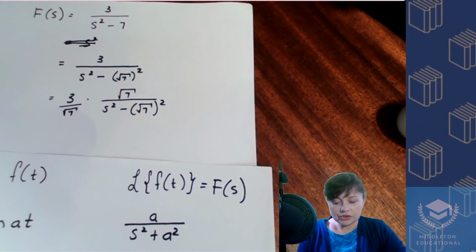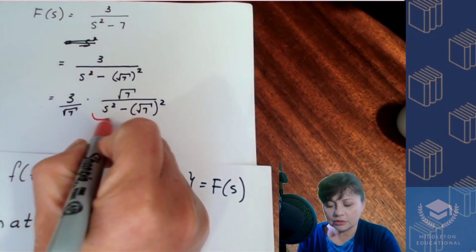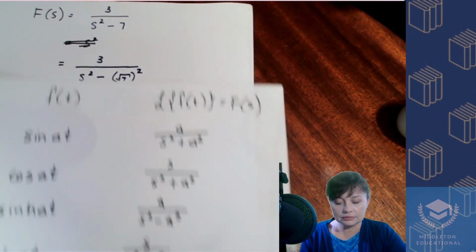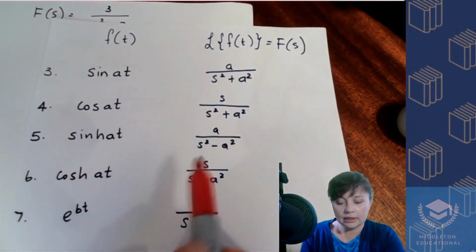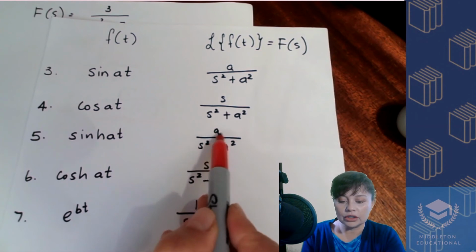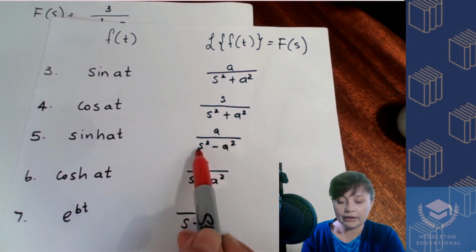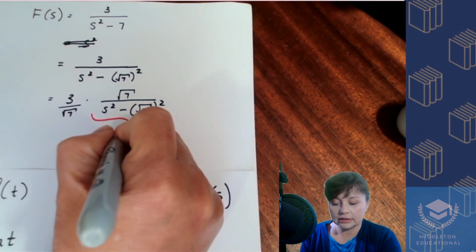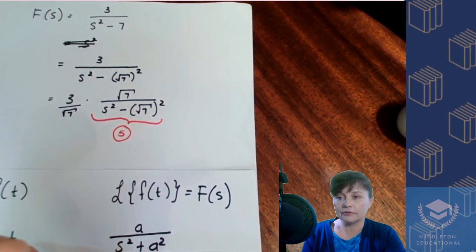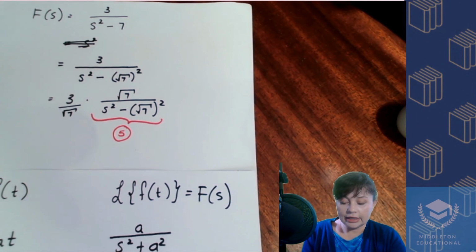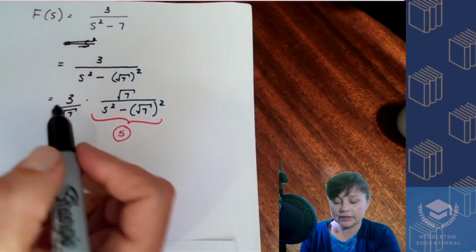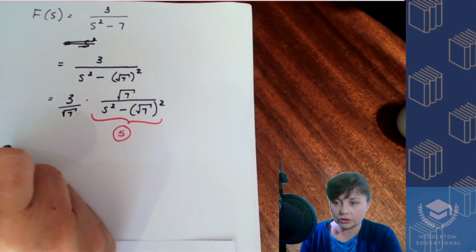Then you will see that this piece here is the same as number 5. You've got that a in the numerator, and you have s squared minus a squared. So that is number 5, right? Now, because you have that form, you can write out what your f of t is going to be, your inverse Laplace transform.